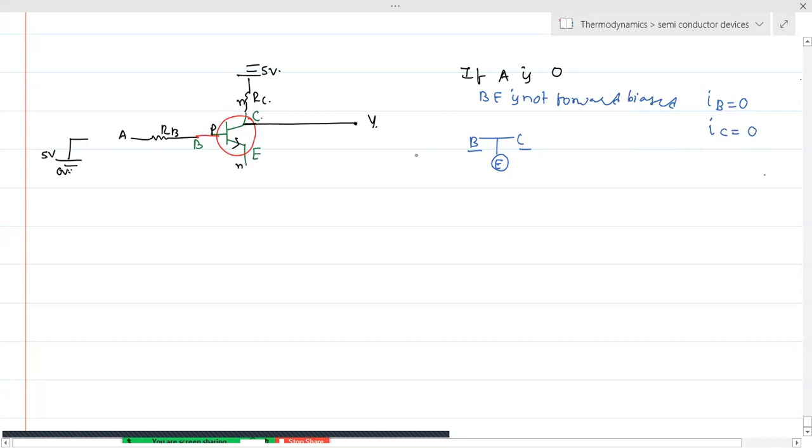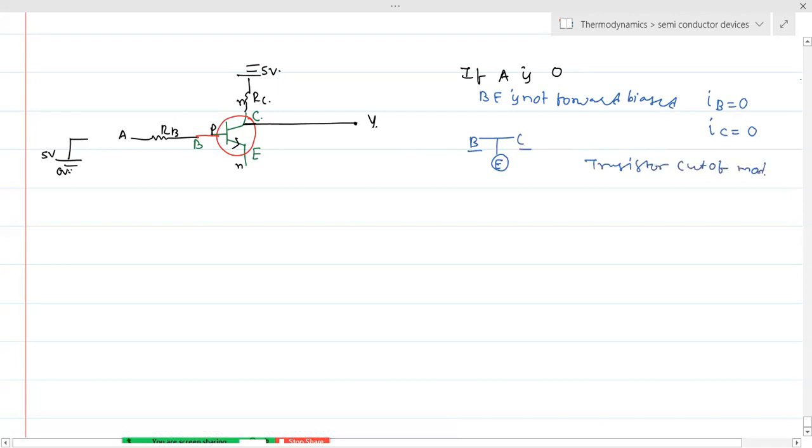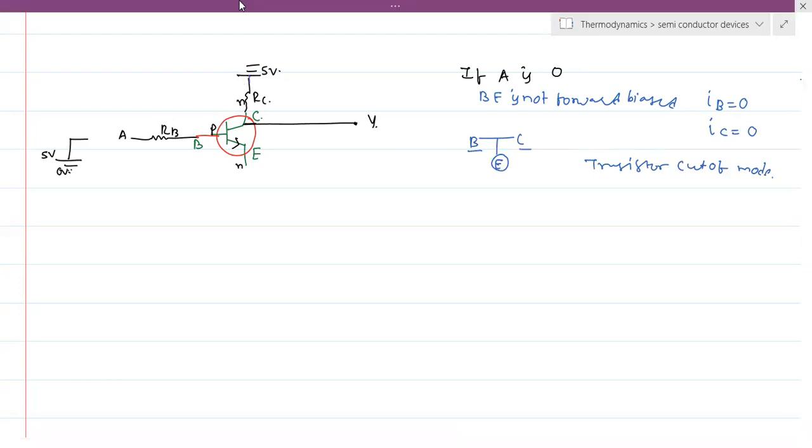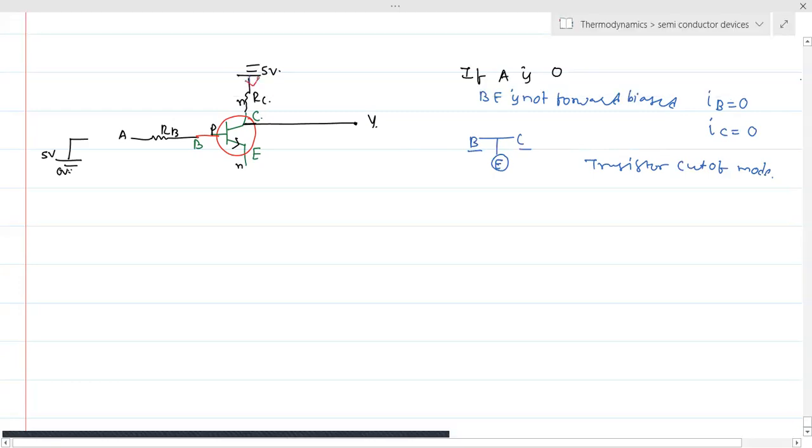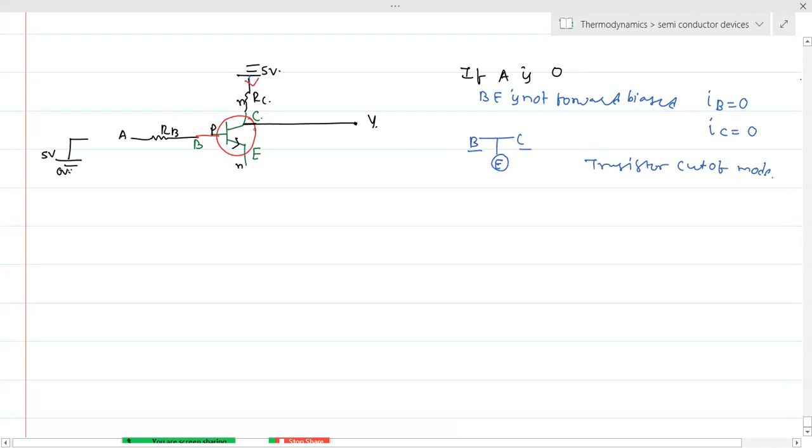So in this case we call the transistor to be in cutoff mode. Even though we have the battery, the transistor is not utilizing that power supply, so the total current passes through the pipe.